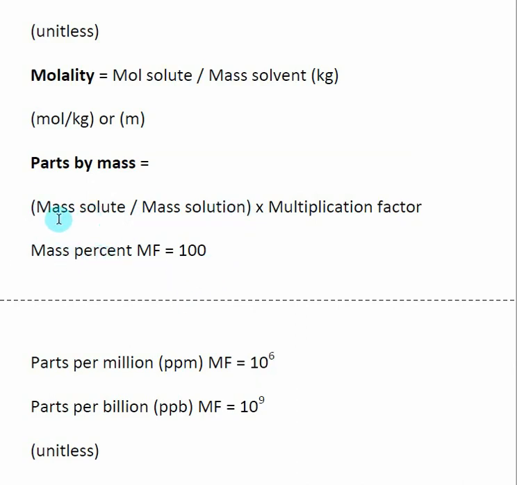So doing the same division, if we use the multiplication factor of 10 to the 6, we get parts per million, or 10 to the 9th, we get parts per billion. All of these are unitless numbers, and it's important to note that the only times that we typically use parts per million and parts per billion is when the concentration is very, very small.